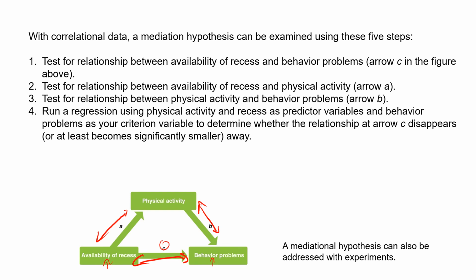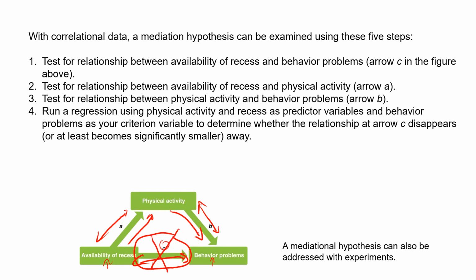Now we run regression analysis, and we need to see, using physical activity and recess as predictor variables, if the relationship between recess and behavioral problems goes away once we've accounted for physical activity statistically.